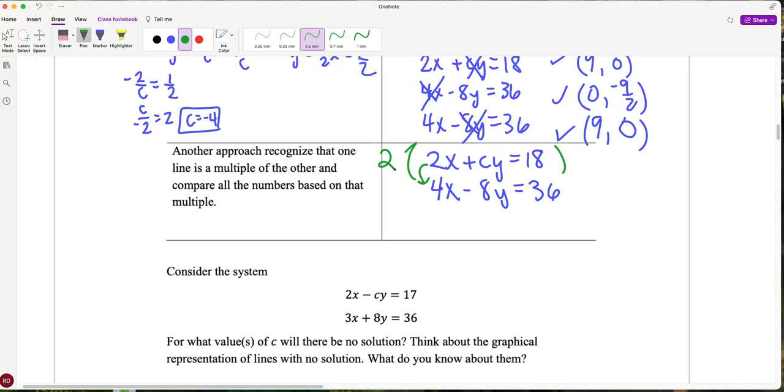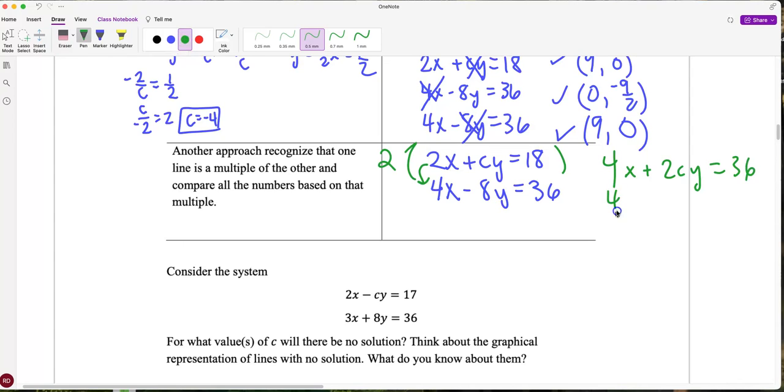So if I multiply that top equation by 2, I get 4x plus 2cy equals 36.